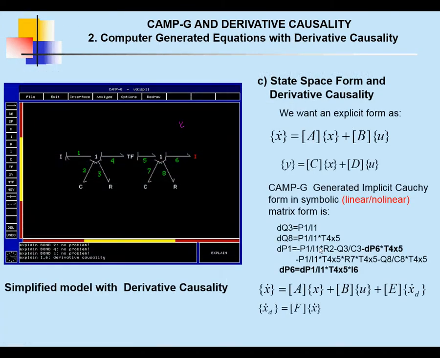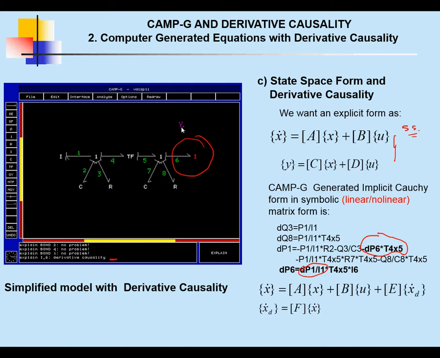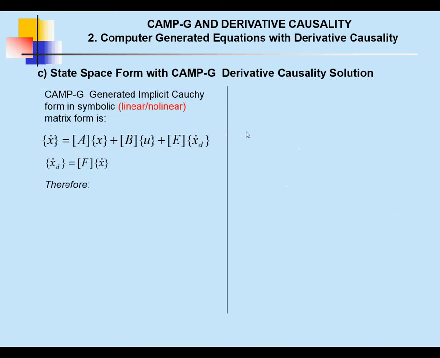So now, a discussion of this follows. If you look at this form here, that is on my right hand side over here, it's as if we have another set of matrices on the right hand side, which I call E. The E matrix multiplies derivatives.